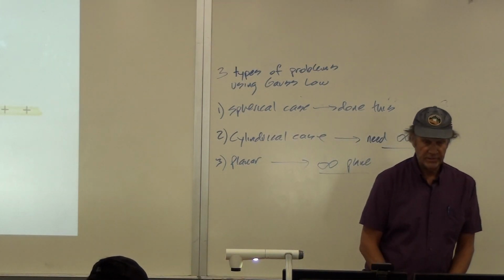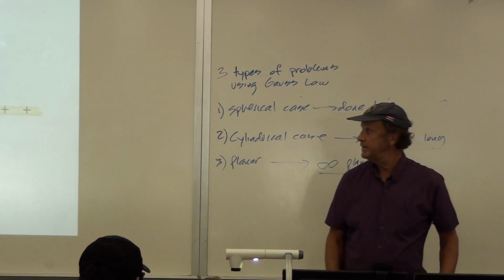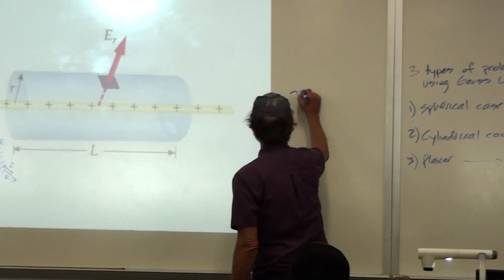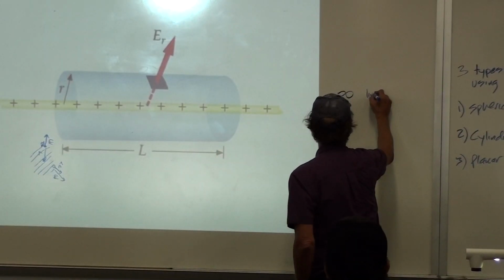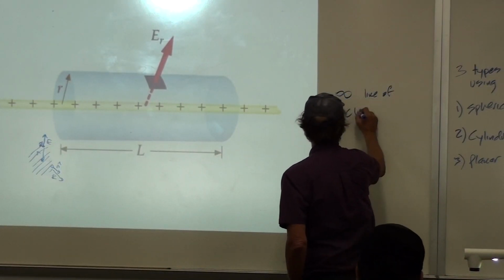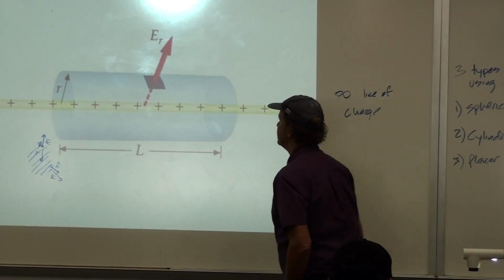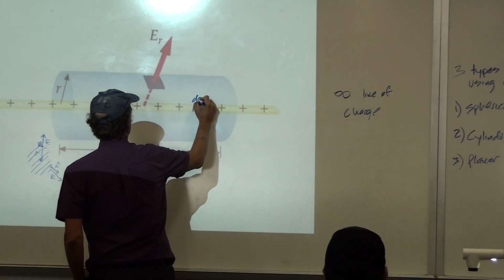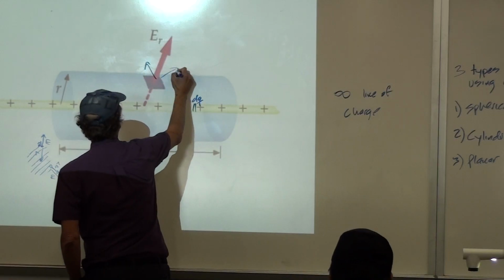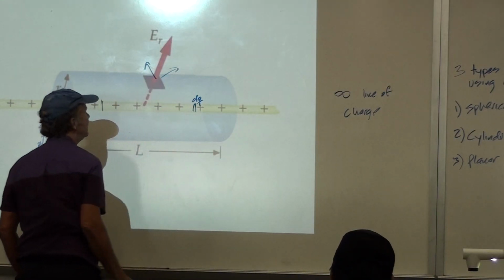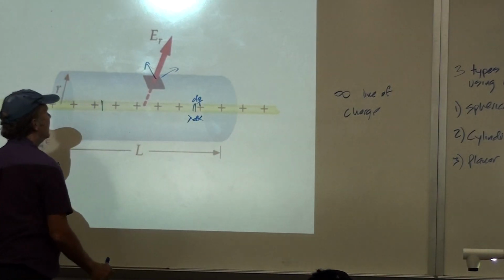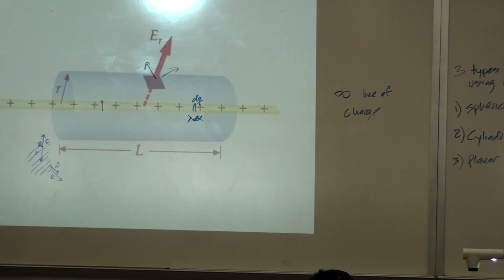Okay, so let's do this then for a line of charge. Now what we showed last time is for an infinite line of charge, first we had to integrate the little dq's, we got little dE's, and then we had the d cosine theta, then we had a lambda dx, and then we did it about the midpoint.